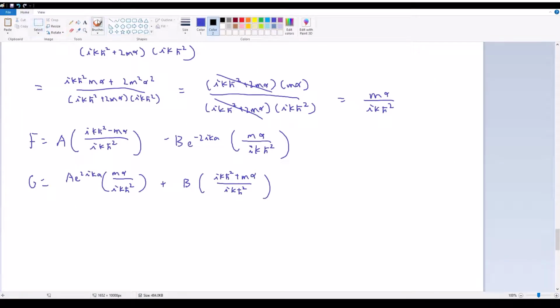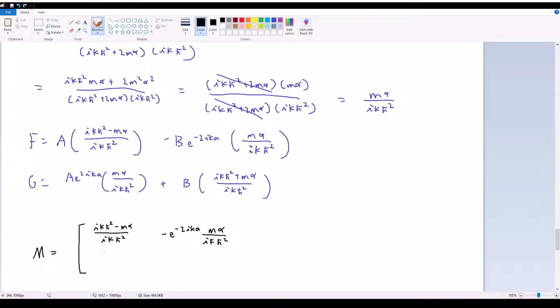And therefore, we now have our scattering matrix, or transfer matrix. My apologies, I keep on mixing these two up. Our M matrix, therefore, is going to equal, at the top, ik ħ² minus m alpha over ik ħ², and then negative e to the negative 2ika times m alpha over ik ħ².